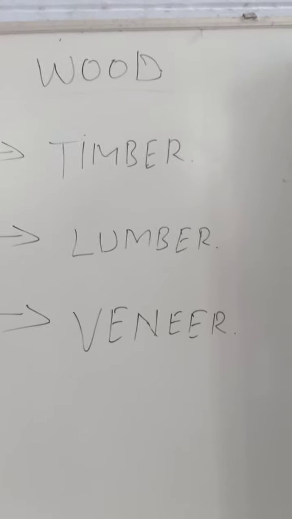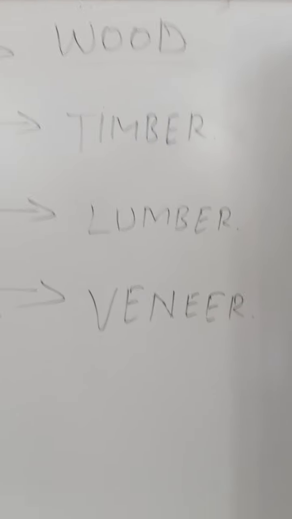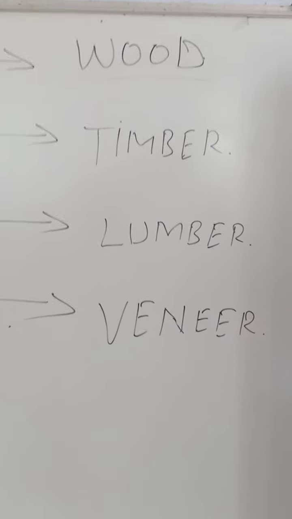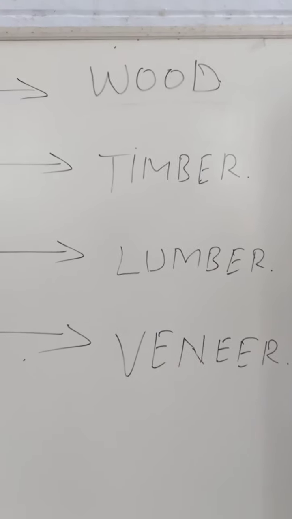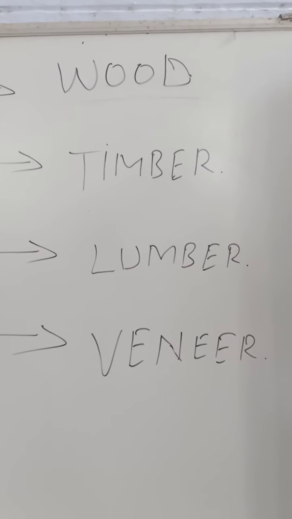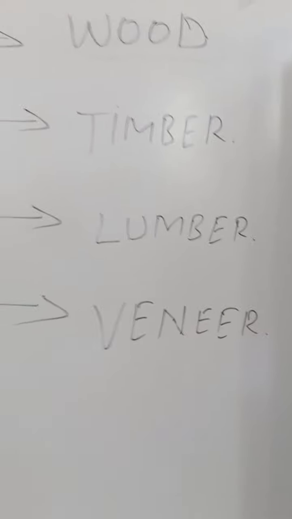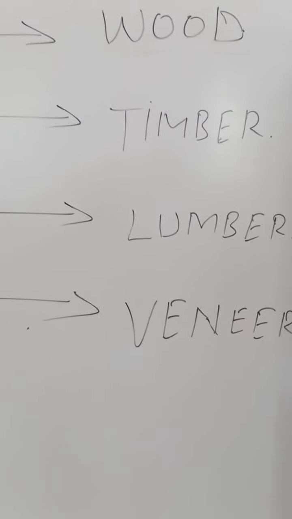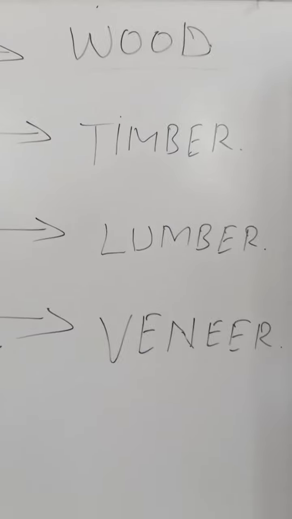So as we proceed further, I want to clarify some terms related to this carpentry shop which are often confused or used interchangeably, but there are some differences in these terms. So first one is wood. As we all know, wood is the material which we obtain from trees.